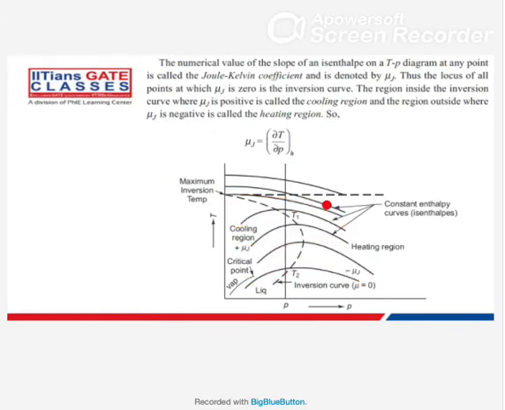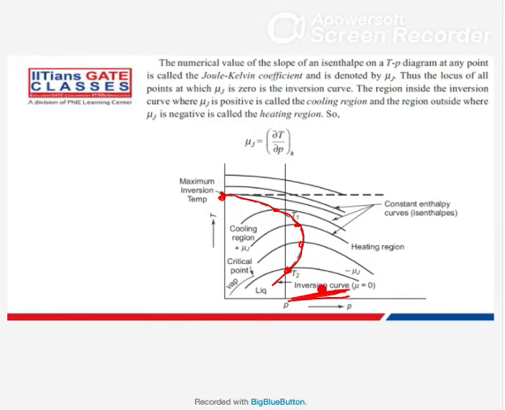Okay, when this particular curve cuts the temperature axis, then this is telling you the maximum inversion temperature. And when you join these peak points, sorry, the highest or maximum temperature points, then you will get one more curve which we call the inversion curve.